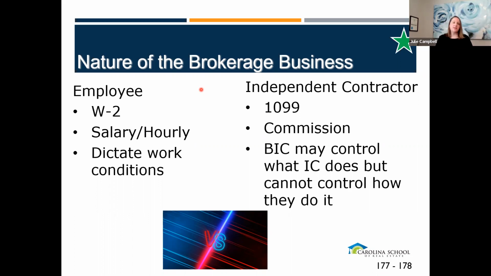So the employee is going to get, at the end of the year, a W-2. Their taxes are going to be withheld from their paycheck. As an independent contractor, we get a 1099. Taxes are not withheld. I feel the need to say that again. As an independent contractor, taxes are not withheld.